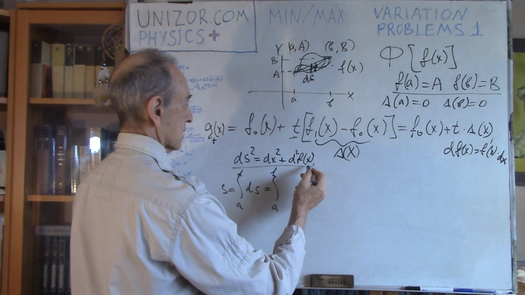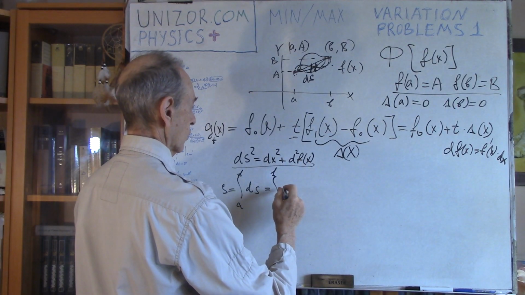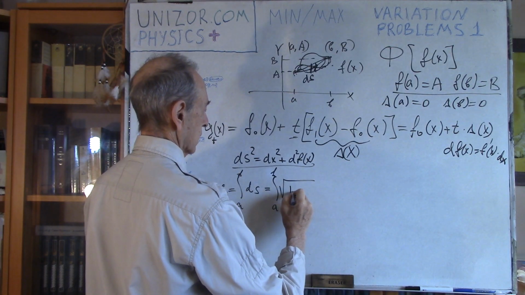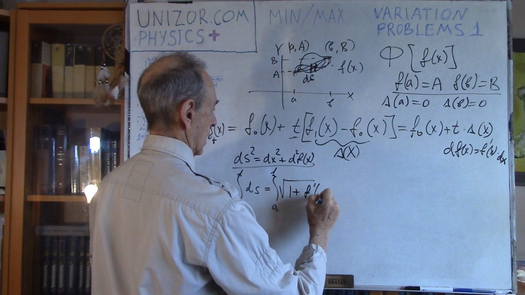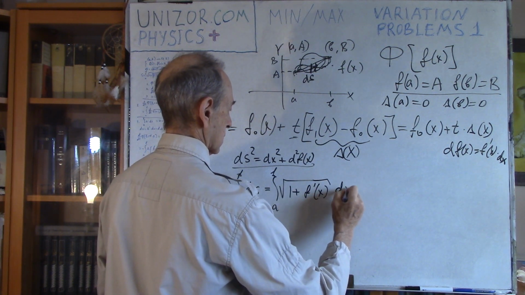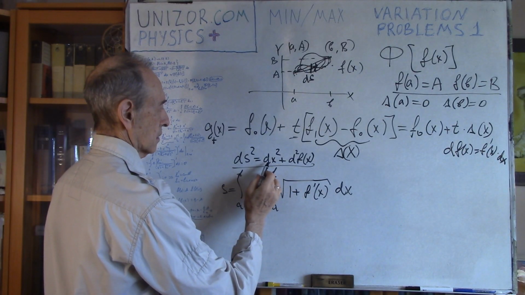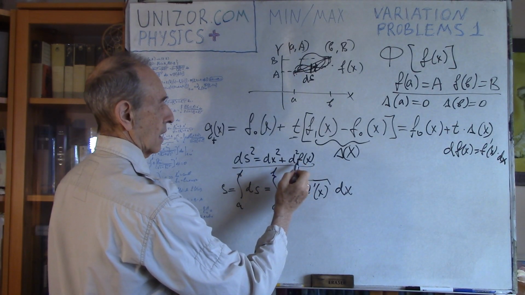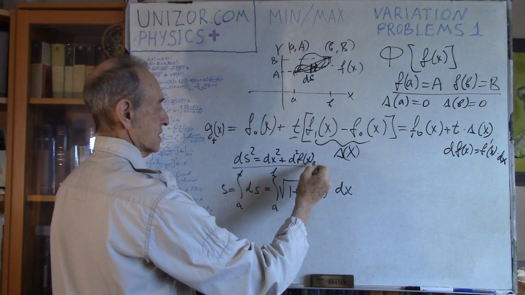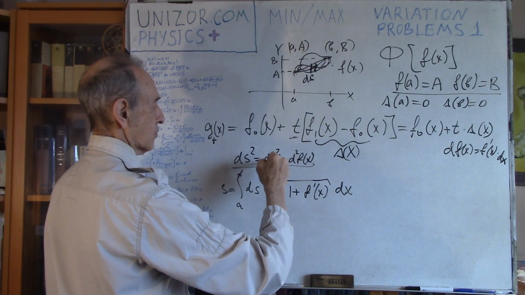So dx can be taken out, and it would be the square root of 1 plus the derivative squared. Am I right? So dx square, now this would be f prime square dx square. dx square goes out of the parentheses.